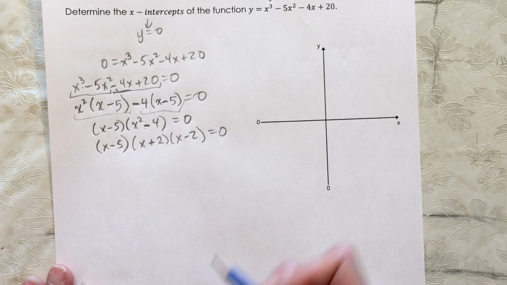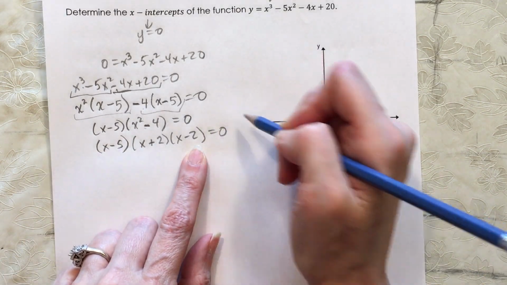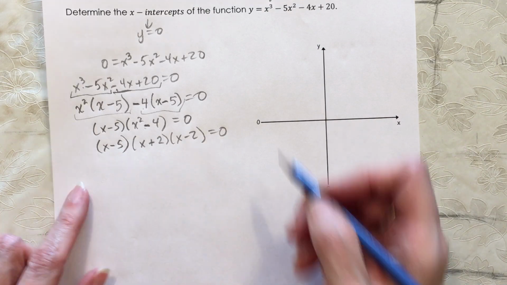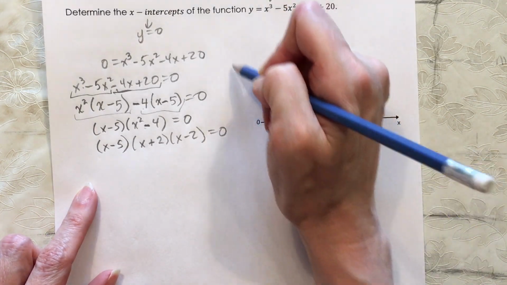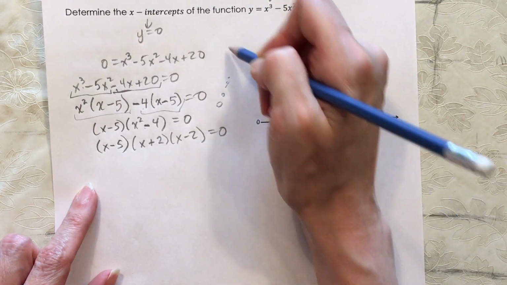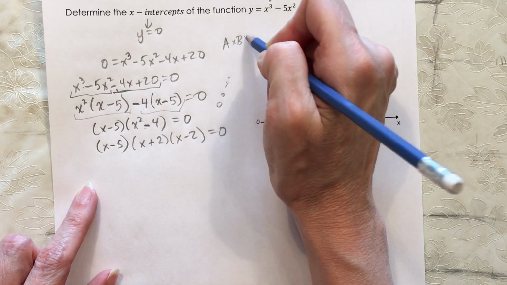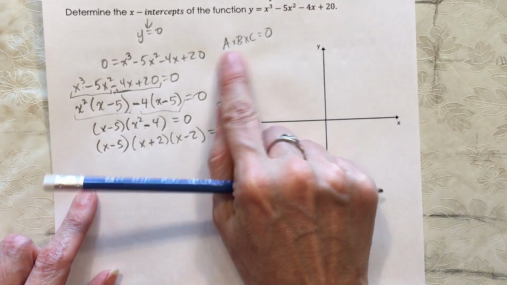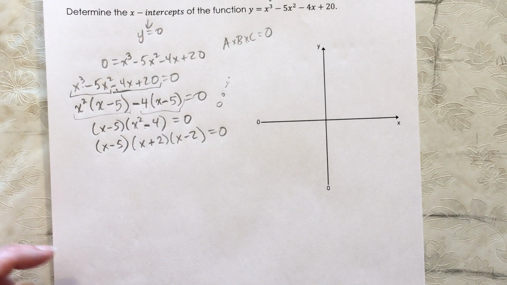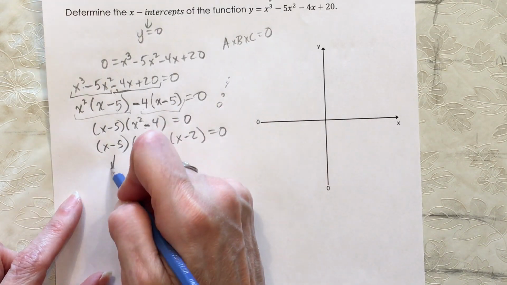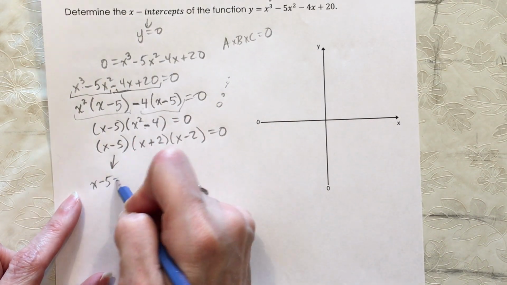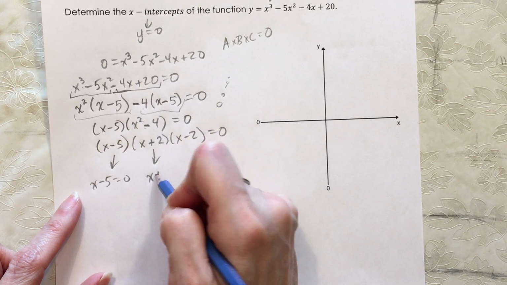And now we've got this idea, 3 different unknown numbers multiplying together to equal 0. So just do my thinking up here. A times B times C equals 0. And A, B, or C has to be 0 for that to be true. So we can set each factor equal to 0.